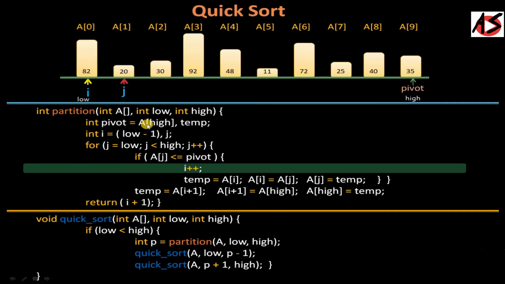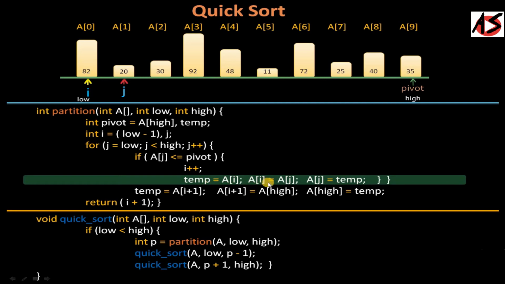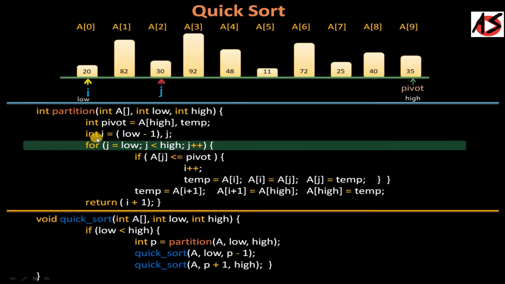Now i is indicating 82 and j is indicating 20. From the next instruction, temp equals A[i], A[i] equals A[j], A[j] equals temp. Ultimately with these lines, you are swapping A[i] and A[j]. So here you can see you have swapped 20 and 82. Now you go ahead and increment j by 1.